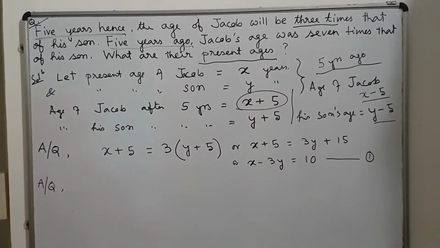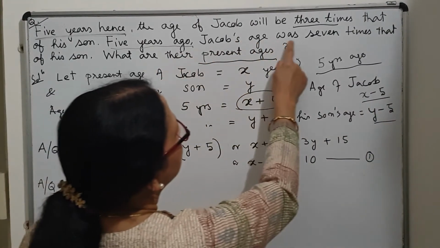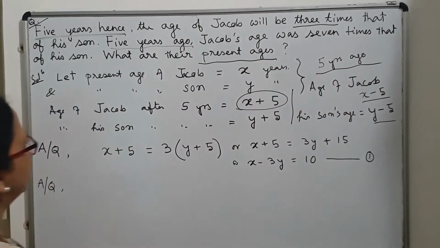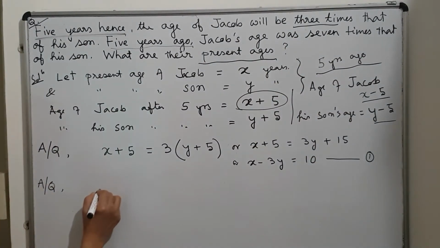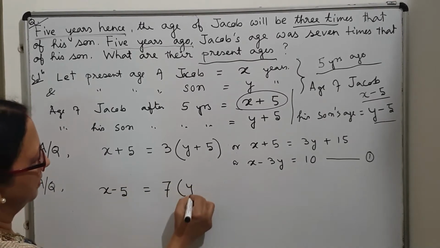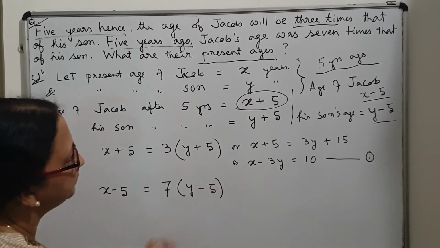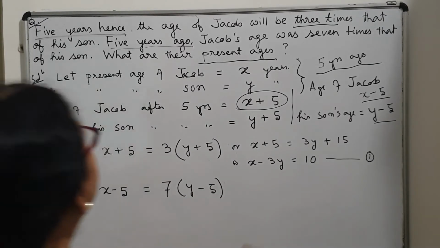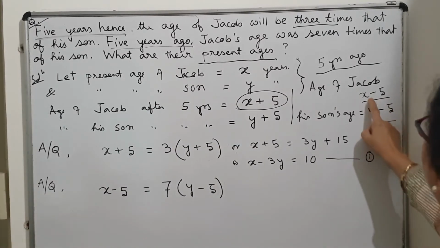So according to the question, 5 years ago Jacob's age was 7 times that of his son. So Jacob's age was x minus 5, and it was 7 times his son's age.